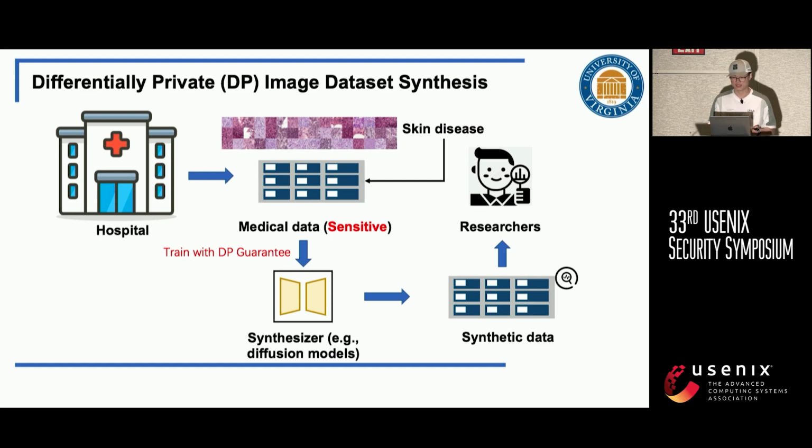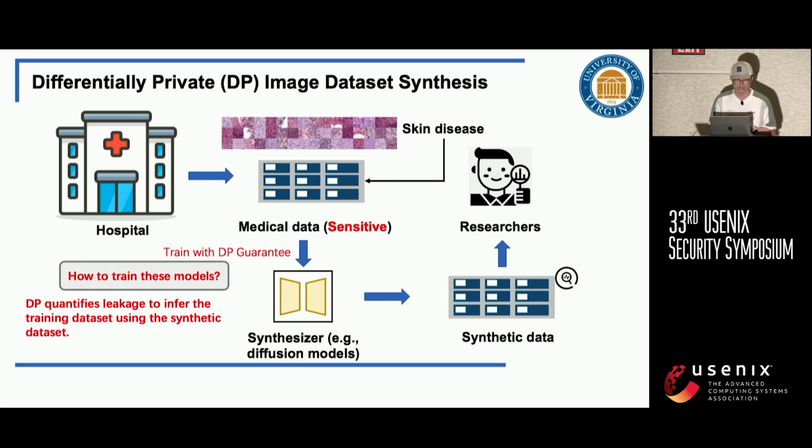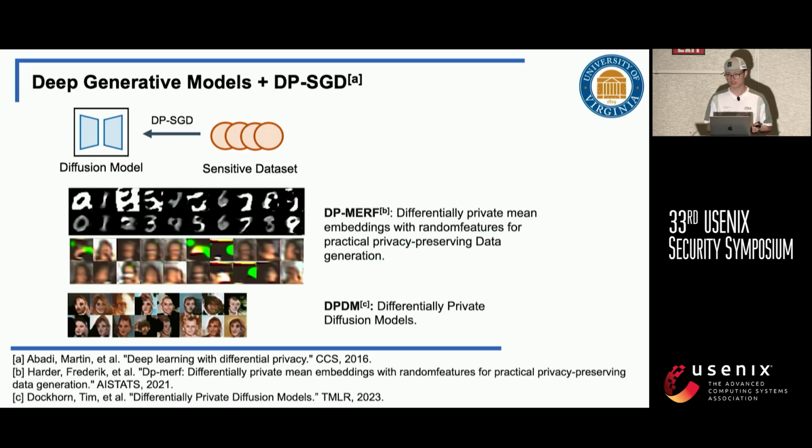I have introduced the concept of differential privacy many times, so I am tired of introducing this concept. Overall, DP ensures that the analysis results don't change significantly when adding or removing a data point. And the next problem is how to train this model to satisfy the DP guarantee. Actually, the solution is quite naive.